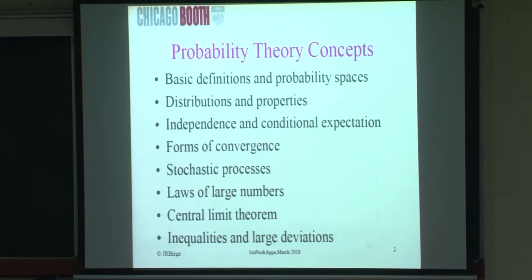Again, aim towards what are the kinds of things that are important to be able to show in stochastic programming, and why do these relate to that? Then a little bit on stochastic processes, just where they come from in stochastic programming, what you would use them for. So this is like sequences of random variables.